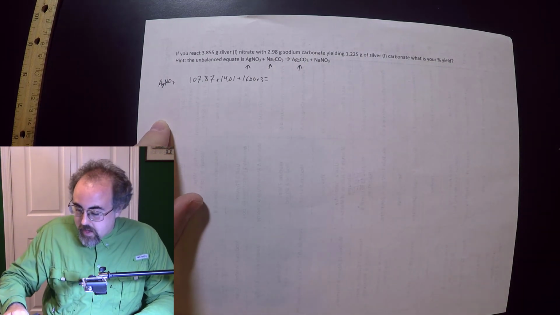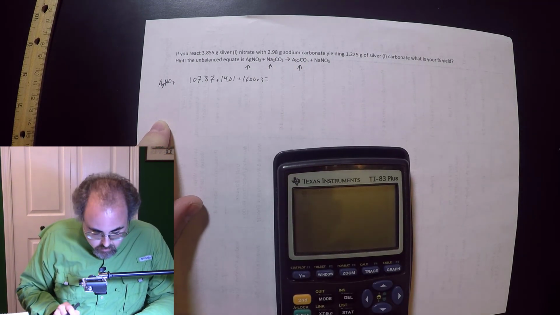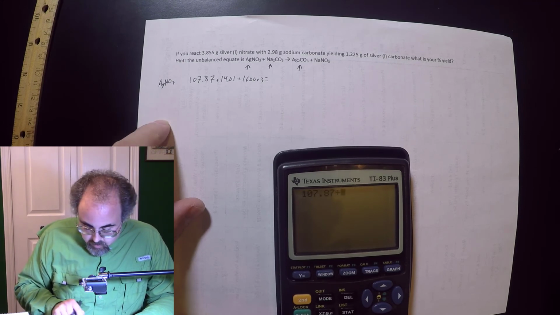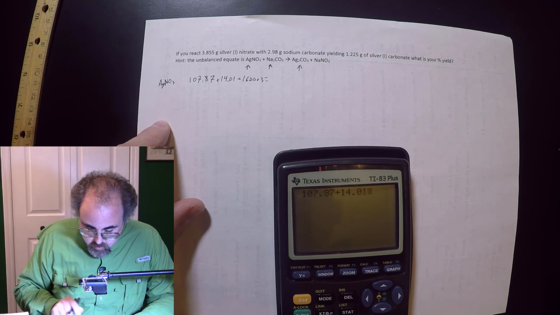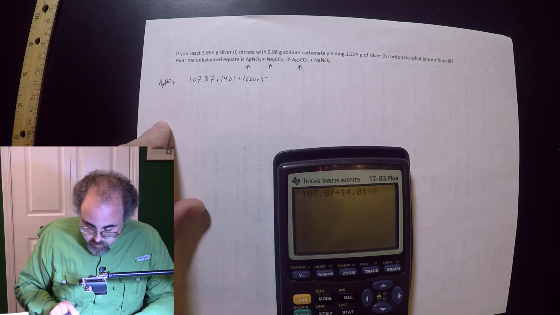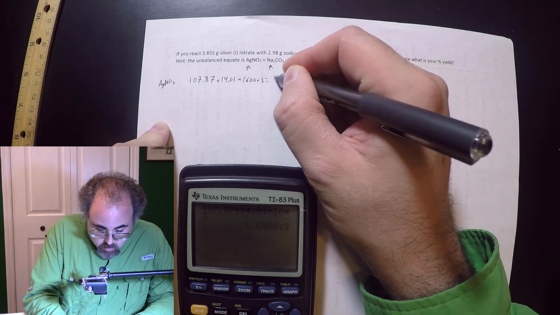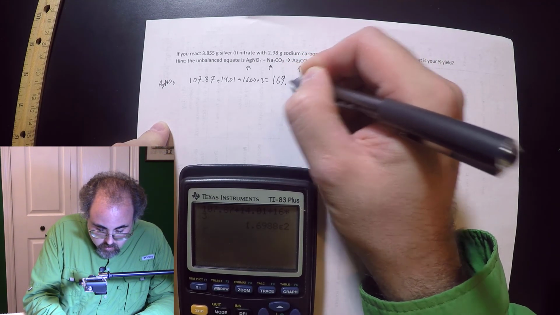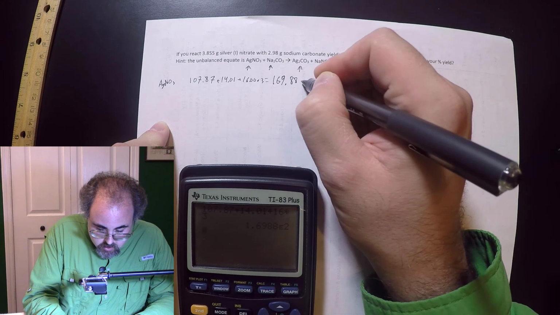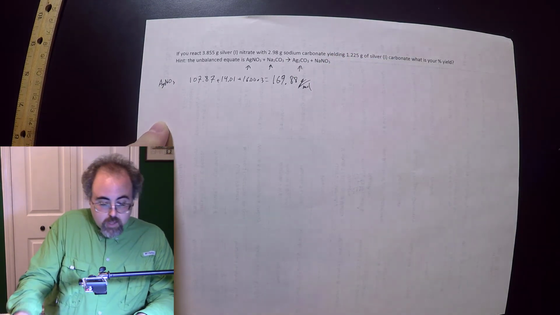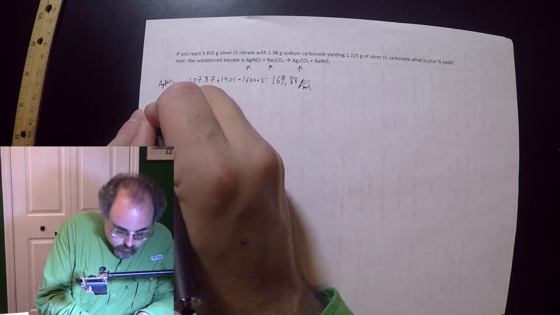Okay, so I'm going to type that mess in my calculator: 107.87 plus 14.01 plus 16 times 3. Okay, that is going to be 169.88 grams per mole.